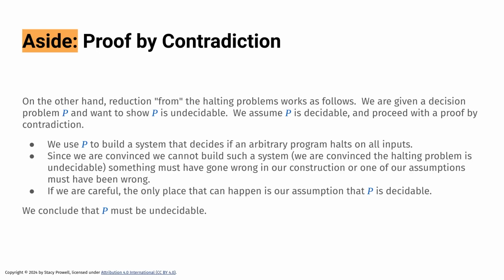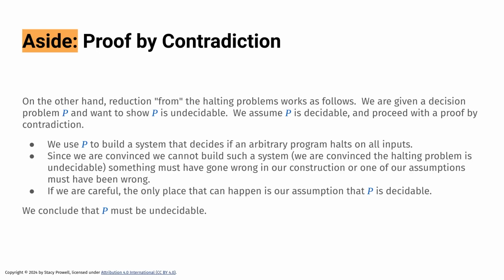So here's, let me fill in some background for you, right? When I say proof, I mean a convincing argument, okay? And when I say the halting problem is undecidable, I mean we have been convinced at some point that the halting problem is undecidable. If you haven't been convinced that the halting problem is undecidable, this may not work for you.